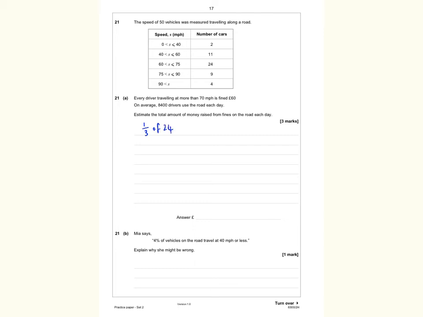We also need to add to that 9 and then add 4. So 1/3 of 24 is 8. 8 add 9 is 17, add 4 is 21. So we can say 21 out of the 50 cars got fines of £60 each.